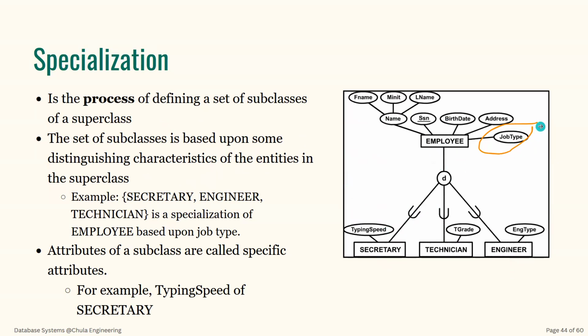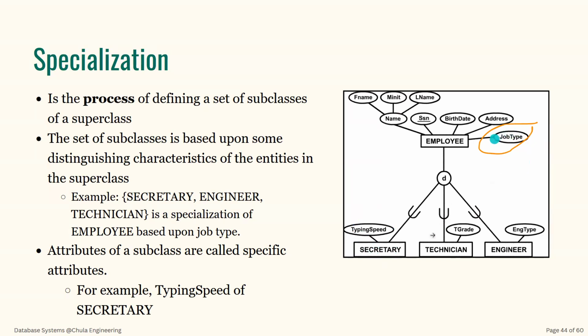For example, what I circle here in orange is called subtype. All right. So this subtype is called job type. So this job type would say secretary, technician, or engineer, or otherwise. So whenever the job type says secretary, you will keep the typing speed for that particular person.